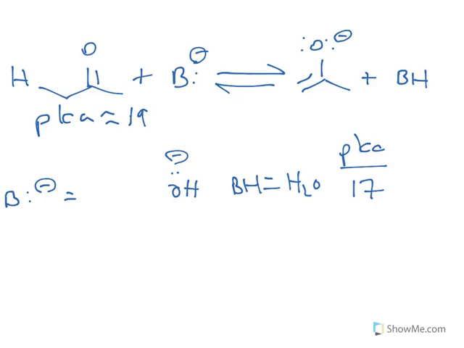Depending on your textbook, it could be a little bit higher or lower, but 17 is a good value for the pKa of water. So is that going to work for our equilibrium up there? Well, 17 is less than 19, so water is actually less acidic than the ketone, but it works a little bit. So what we're going to say here is percent enolate. Move that up.